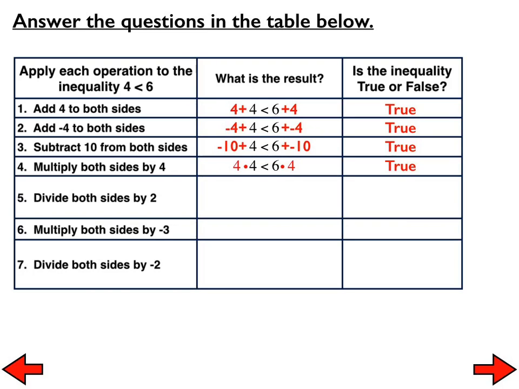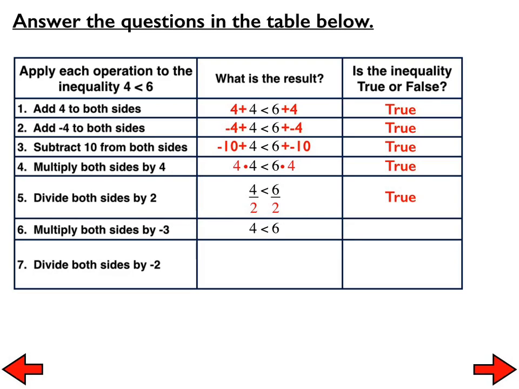Let's now take 4 is less than 6 and divide both sides by 2. Is it still a true statement or is it now a false statement? Which one? True. It's true. 2 is less than 3. All right, so far every single thing that we've done to that true inequality, 4 less than 6, we still end up with a true statement.